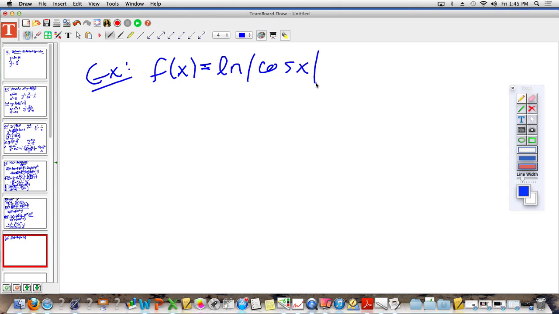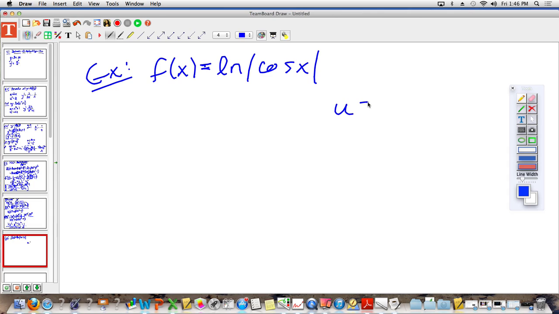But for now I would just like you to accept that the reason these absolute value bars are here is because sometimes the cosine value is negative, and you can't take the natural log of a negative number. When you do this, you are going to do everything exactly the same way that you would normally. So you can ignore that the absolute value signs are there. I wanted to mention it because I know it's probably going to come up in your assignment.